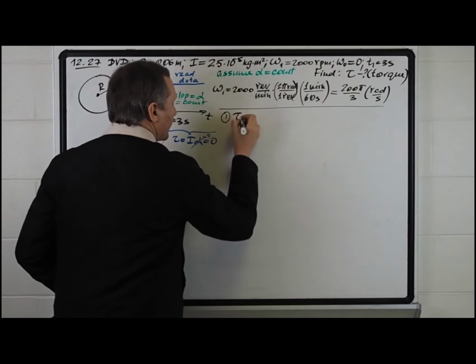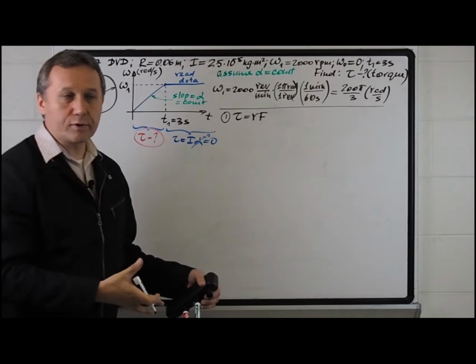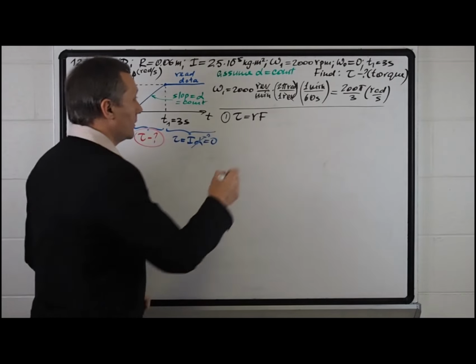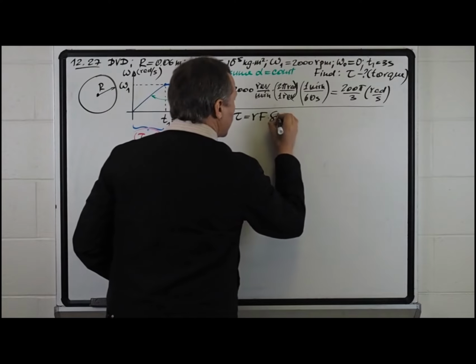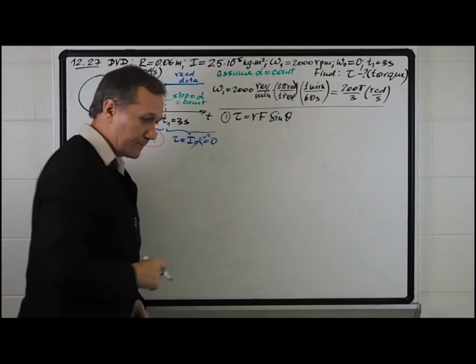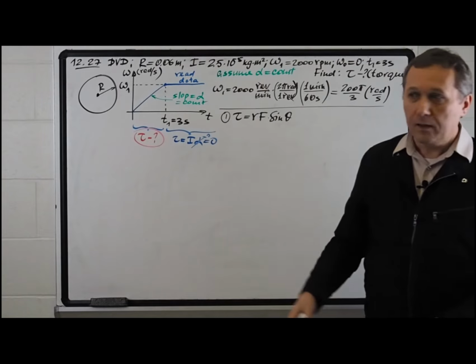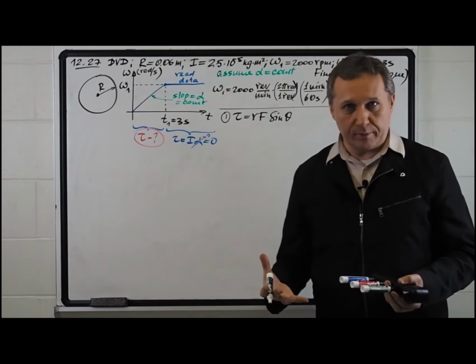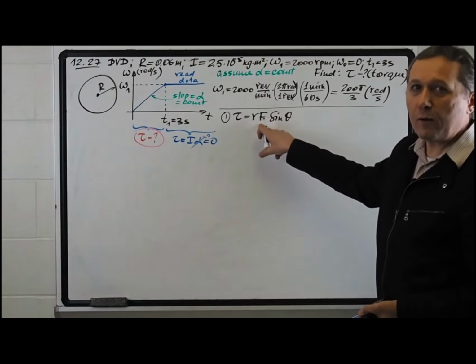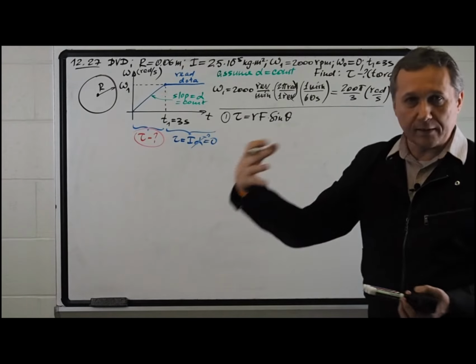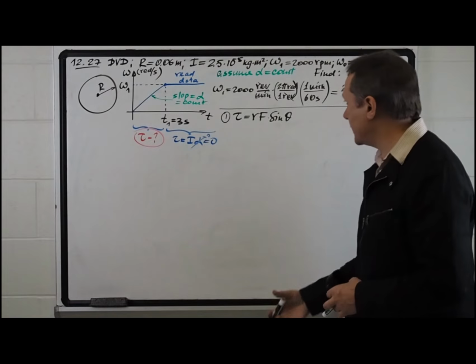Torque equals R F. So R is a distance from the axis of rotation to the point where the force is applied, times sine of angle between them. In our problem, computer is a black box for me, right? I have no idea how much force is applied from that electrical motor on the DVD disk.